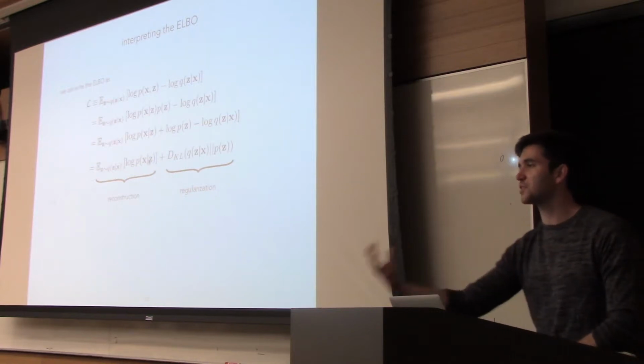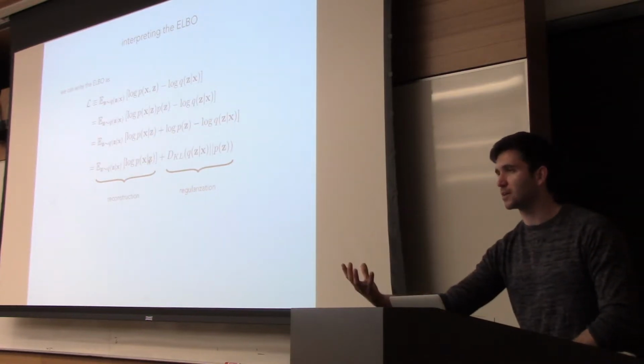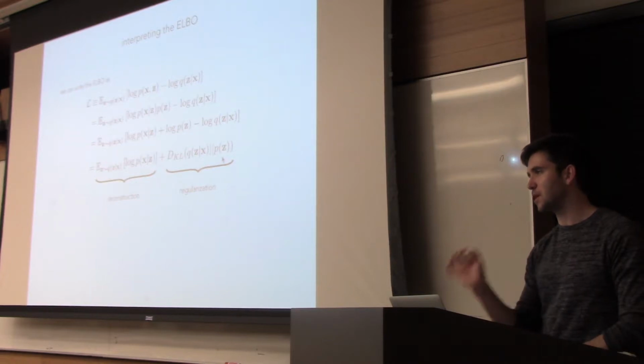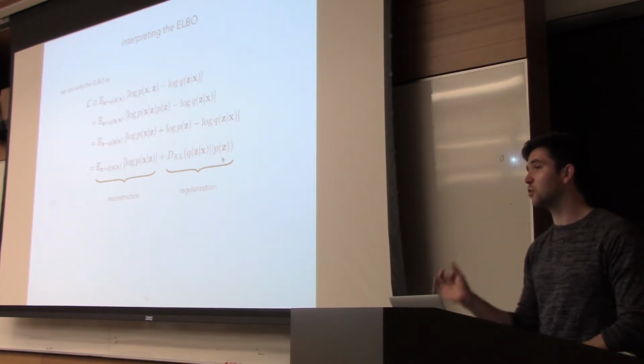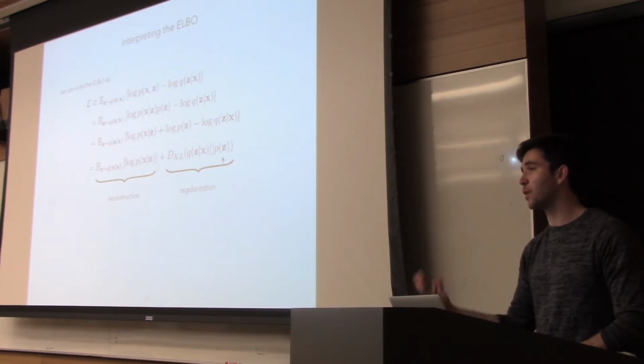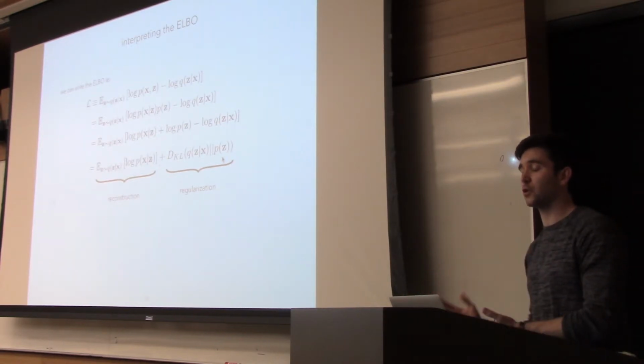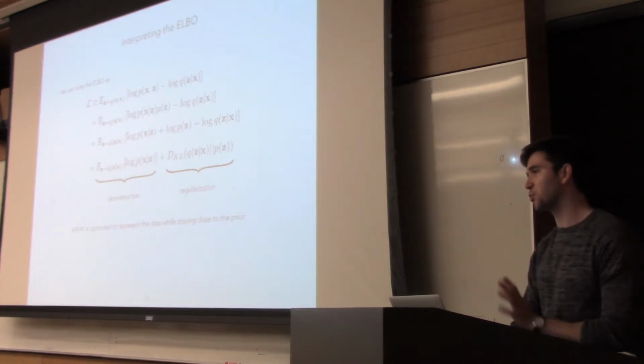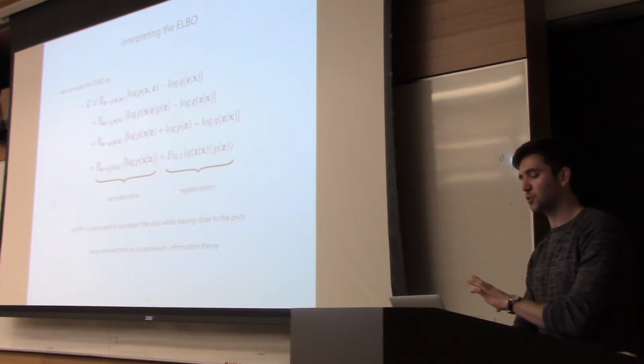So I'm trying to represent the data by maximizing the log probability of that data example. And then this KL term is quantifying that you need to make sure that the approximate posterior is close enough to your prior. So you have some prior on what Z should be, and Q should not diverge from that too far. So Q needs to both represent the data and stay close to the prior.